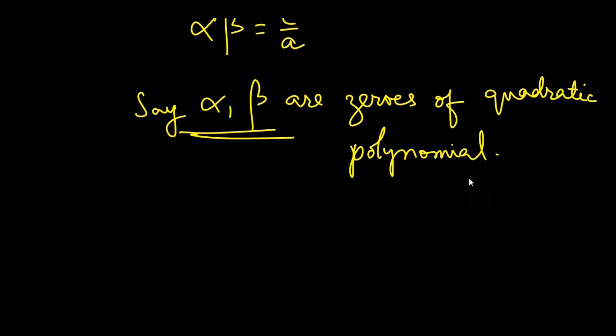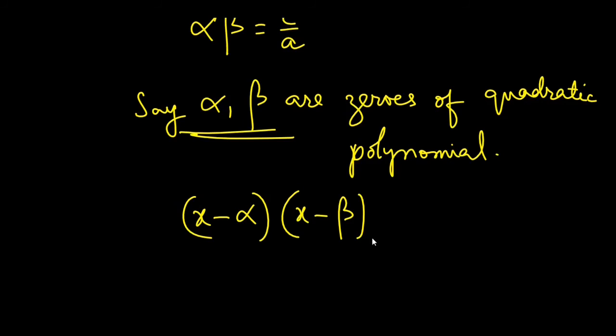The linear polynomials are x minus alpha, as alpha is a zero, x minus alpha is a linear factor of the quadratic polynomial. Another linear factor of the quadratic polynomial is x minus beta. When we take the product of these linear factors, we get the quadratic polynomial.